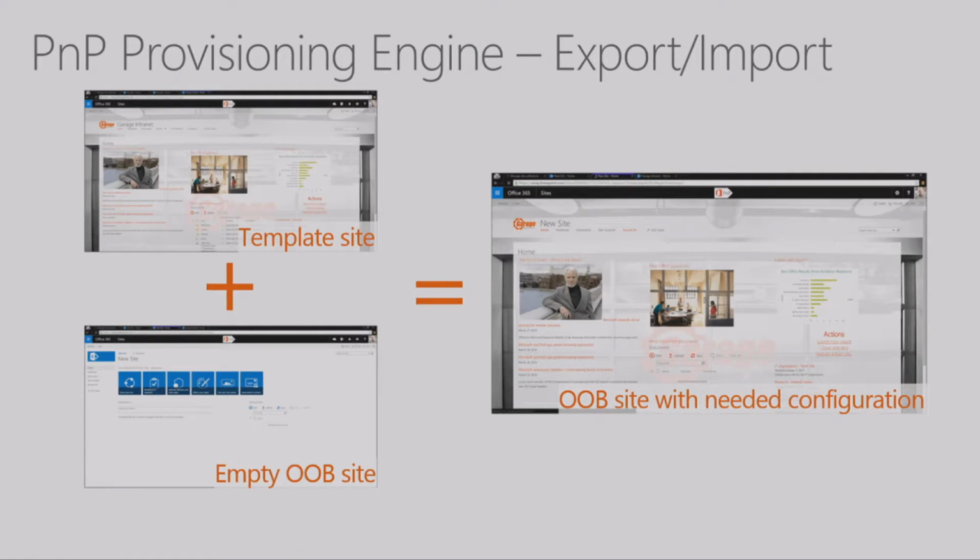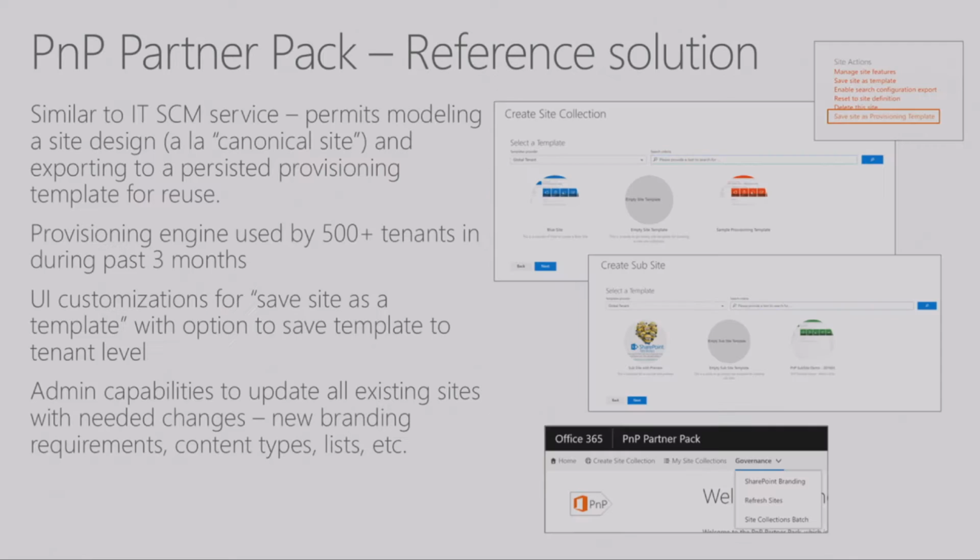That's right. One of the things we've done within the PnP initiative, which is the SharePoint Patterns and Practices initiative, is that we have ready-to-use PowerShell commandlets, but we also have a ready-to-use starter kit or reference solution. So you as a customer or partner or whoever you are, if you need to provide a self-service site collection creation tooling, we actually have it for you.